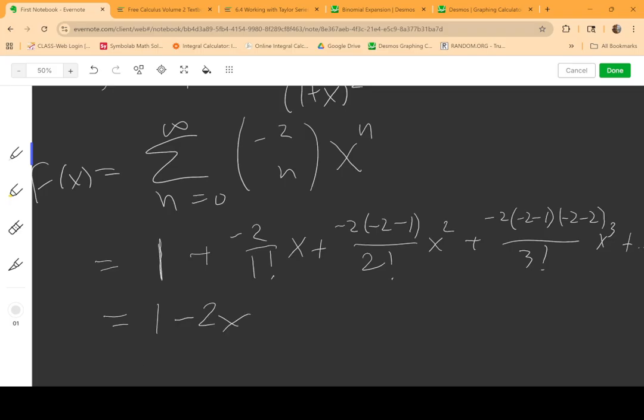This becomes positive, so it's plus 2 times 3 over 2 factorial x squared. And then this one, we have minus, minus, minus, so the whole thing is minus, and we get 2 times 3 times 4 all over 3 factorial, x cubed. We can see the pattern here. It's alternating, and the next one has 4 factorial, 2, 3, 4, 5.